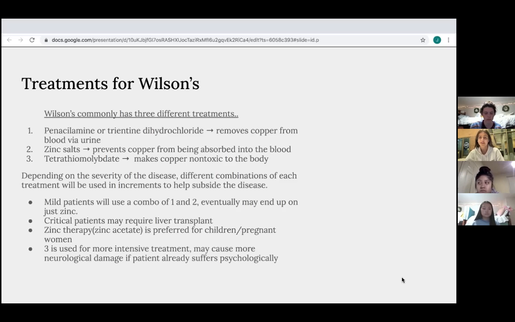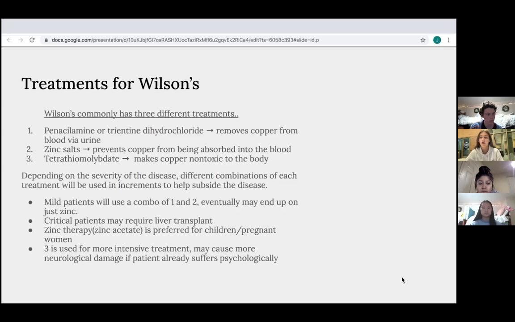Depending on the severity of the disease and what your doctor recommends for you, they will prescribe different increments of each drug to be administered. Some may range from 4 to 6 months, and they may rotate between either zinc salts or penicillamine, or different combinations of these zinc salts like zinc acetate and the trientine dihydrochloride.